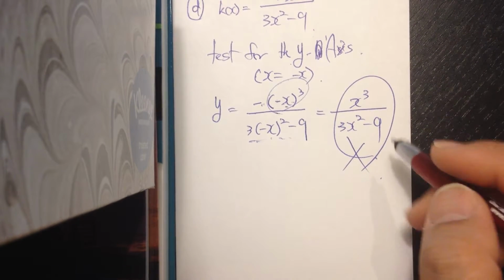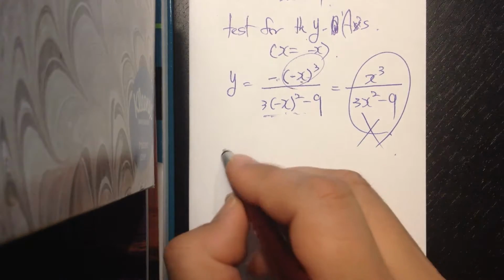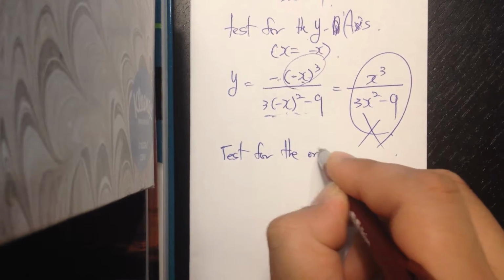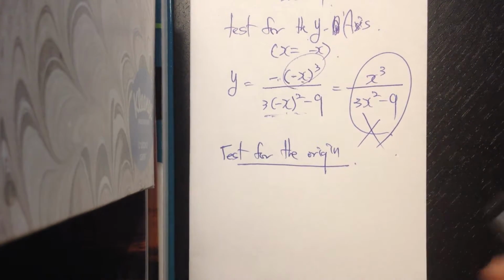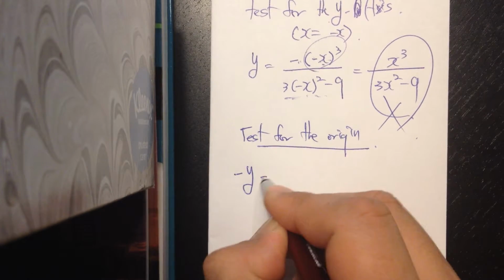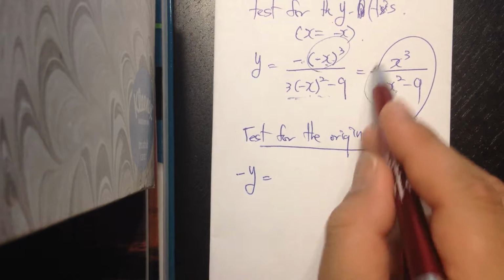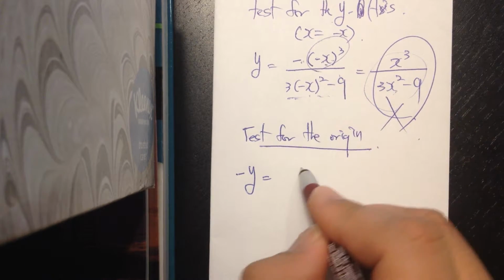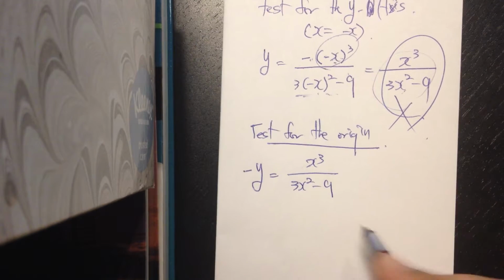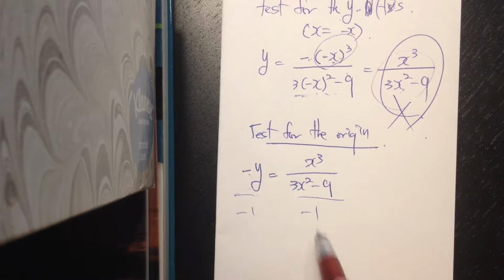Okay, how about, let's test for the origin, right? Test for the origin. So that means here's negative y. Well, we already did it here with the negatives, so here we're going to get 3x squared minus 9. Now, if I want to divide it by negative here, right?